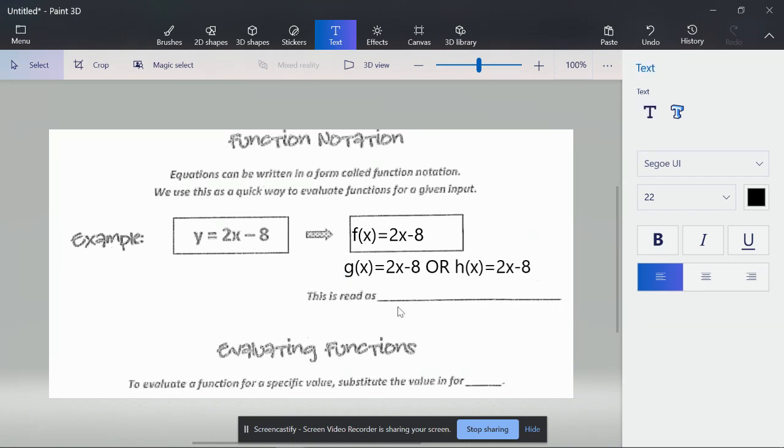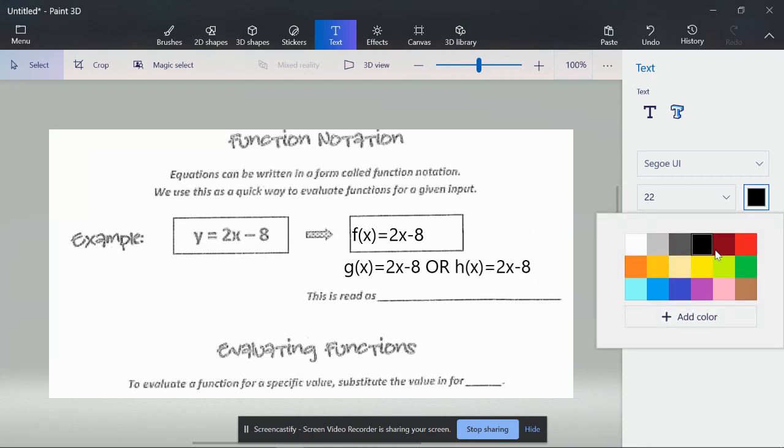And you might have heard me saying this out loud, but the way that we would read this first equation out loud is y equals 2x minus 8. When we have something like this, we read it out loud a little differently.